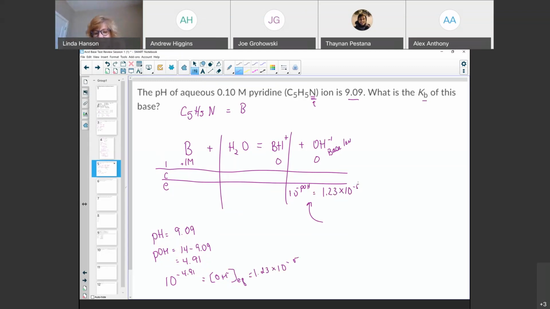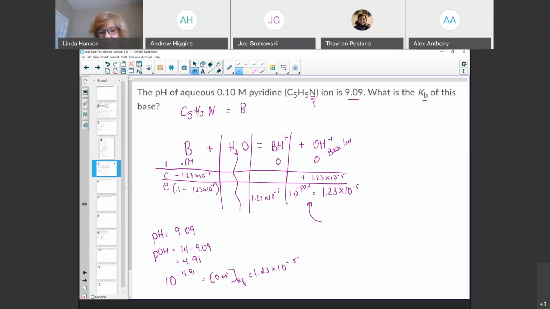Now, once we have that box filled out, we know from last chapter how to carry on and finish the rest of the ICE chart. This must have increased by 1.23 times 10 to the negative fifth. The BH positive did the same thing. In other words, the concentration of both of the ions is exactly the same. This must have gone down by the same number. So at equilibrium, you have the difference between the two.